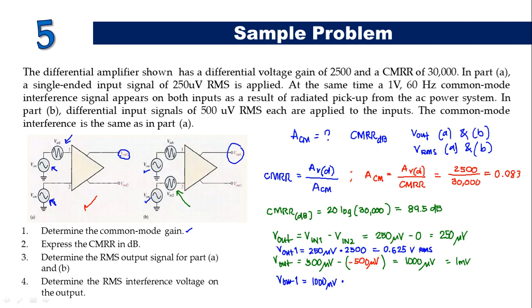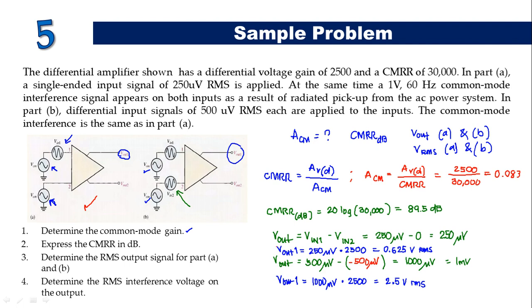Yung ating voltage gain is same lang, no? 2,500. It is equal to 2.5 volts RMS. So, ayan. Yun yung ating sagot sa number 3.